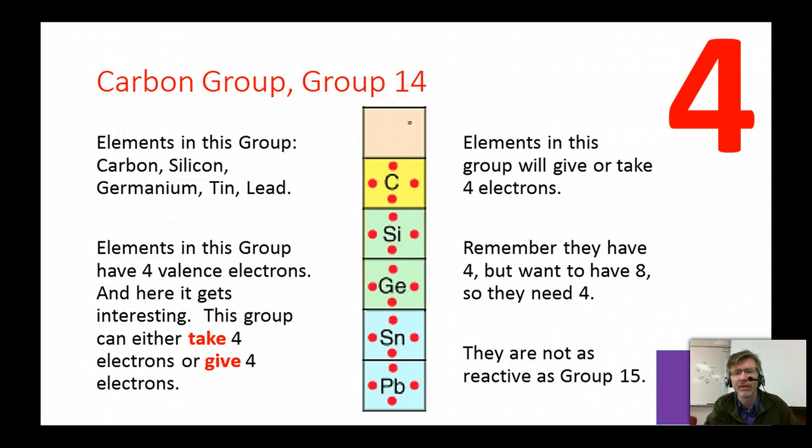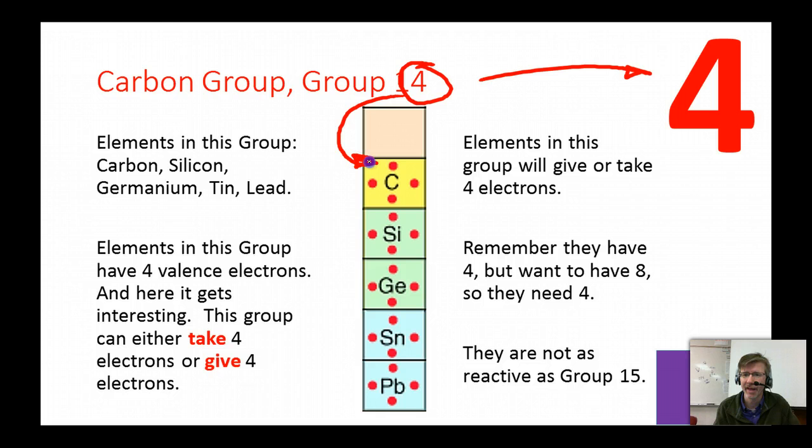Carbon group, group 14. Here we'll lay it out in a hurry. You've got 4 valence electrons in group 14. You've got 4 dots around the atom. We've got carbon, silicon, germanium, tin, and lead. But here's where it gets a little interesting.